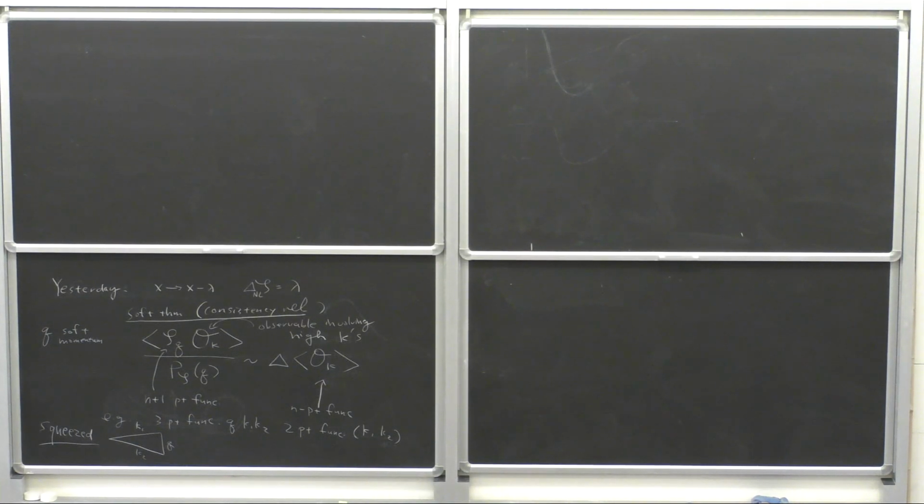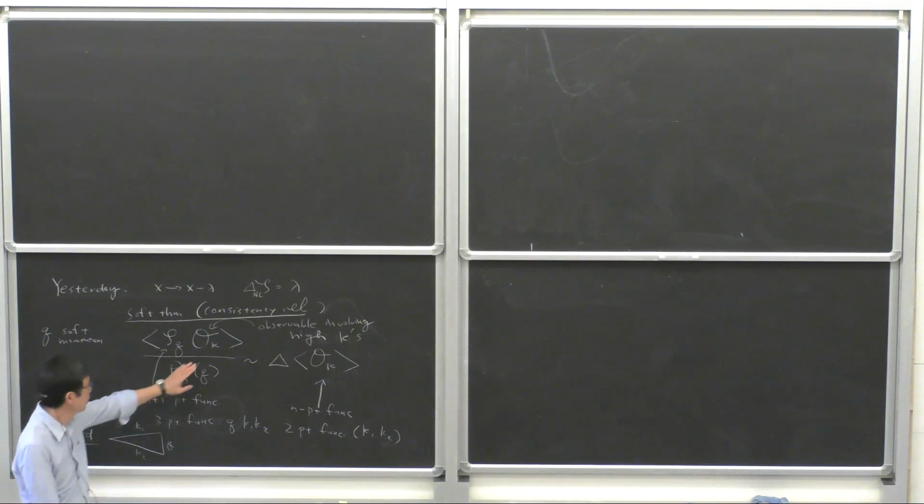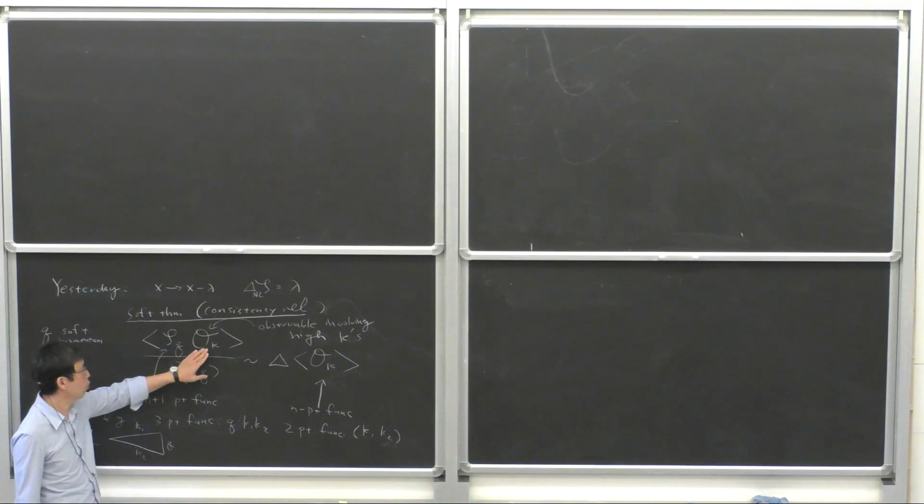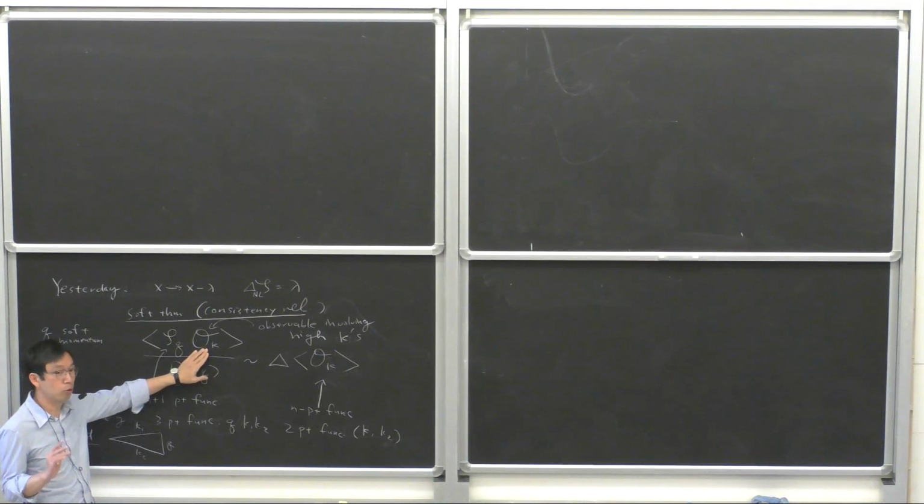Yes, Max. You mean this observable, can it also contain soft modes? That's what you're asking. Yeah, multiple ones. So for example, the example we worked out, this O is also constructed out of zeta, but you don't have to.